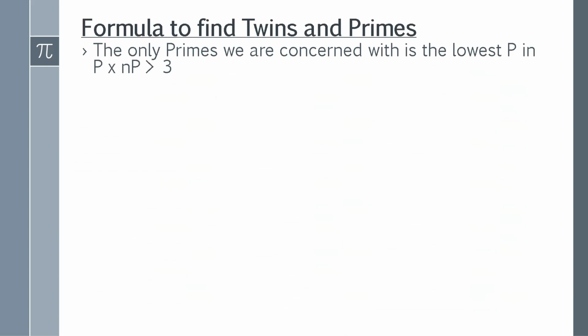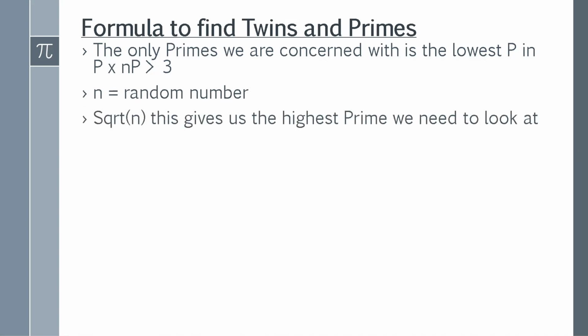Again, the only primes we're concerned with are the ones with the lowest value in prime times the next prime greater than 3. Right? So you can take any random number, square it. This gives you the highest prime that's going to be able to eliminate from that number.